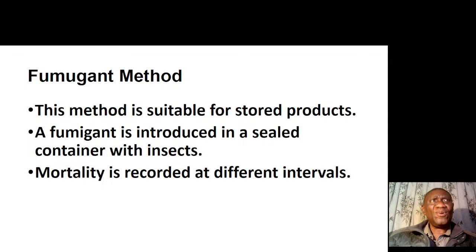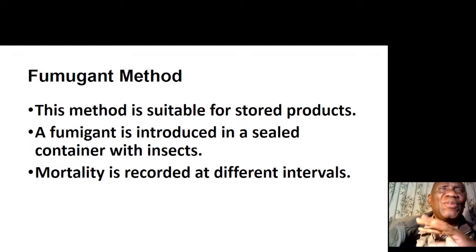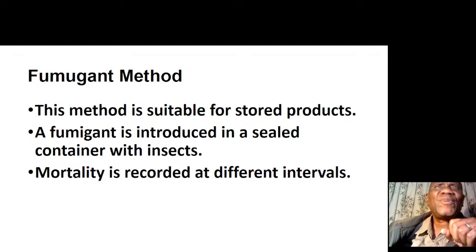There is also a fumigant method. Here you are exposing the insects to fumes of the insecticides. This method is suitable for stored products; there are weevils which can damage our maize in storage.